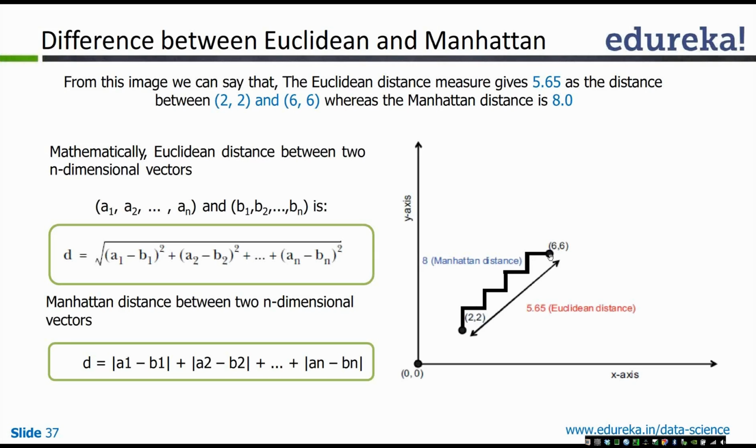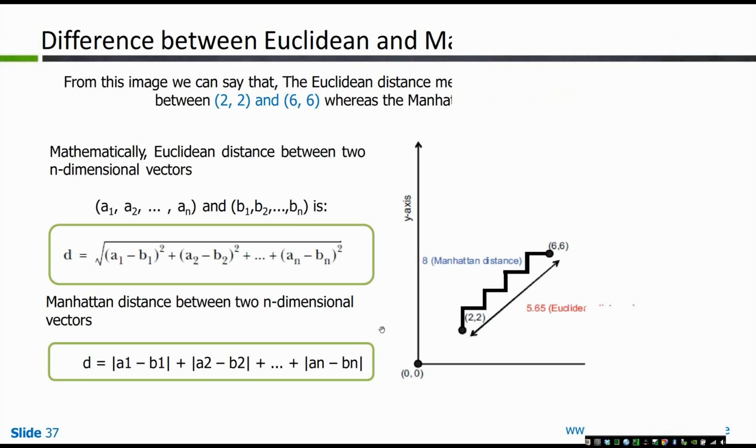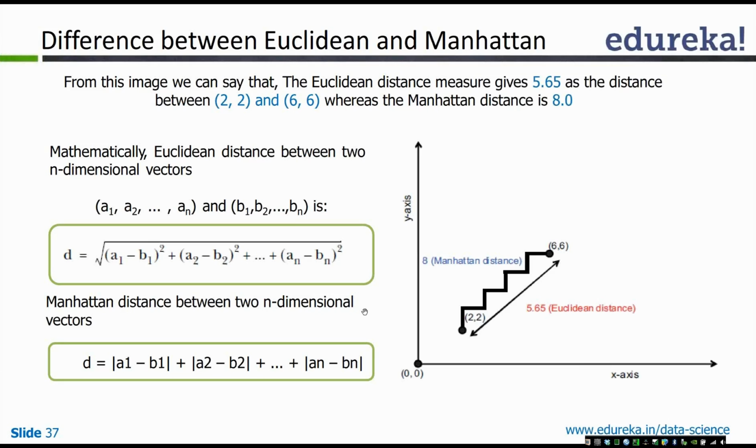The way you compute that length is by applying this formula: you take the difference between individual components, square it, sum it, and then take a square root. So the distance between these two points is the square root of (6 minus 2) squared plus (6 minus 2) squared. That's the Euclidean distance that we already know from our school days, right?